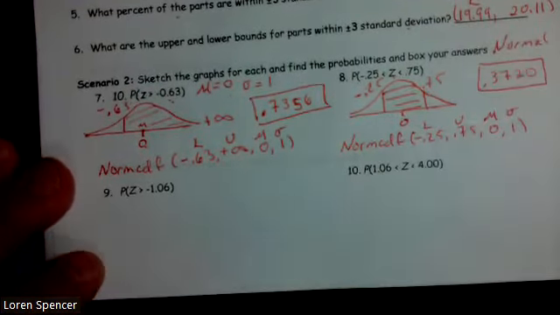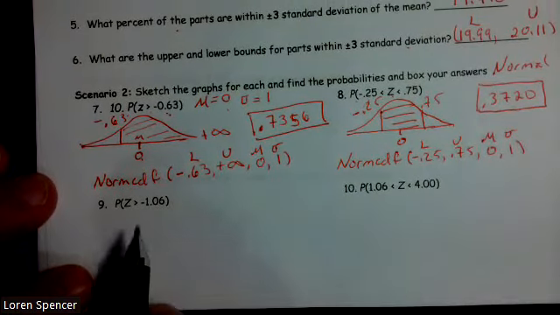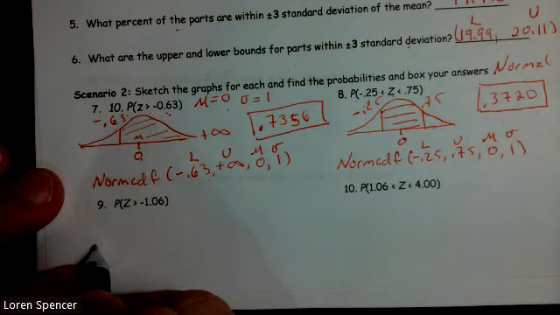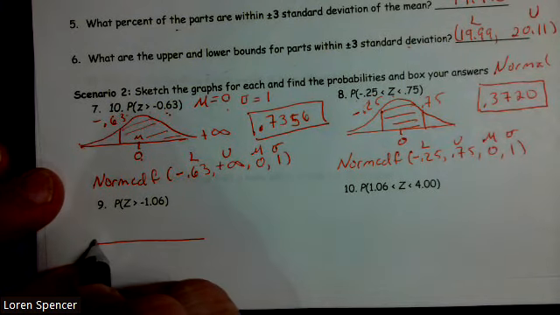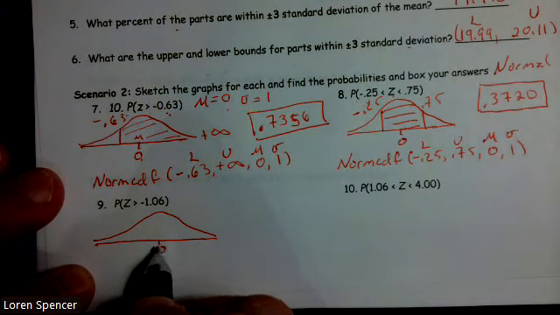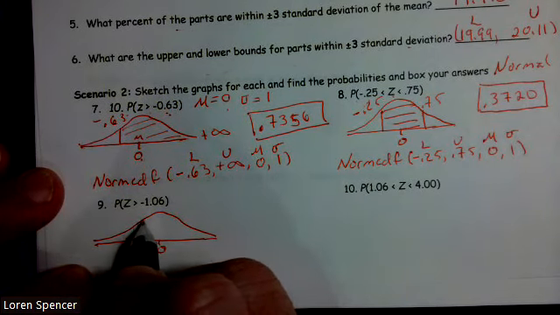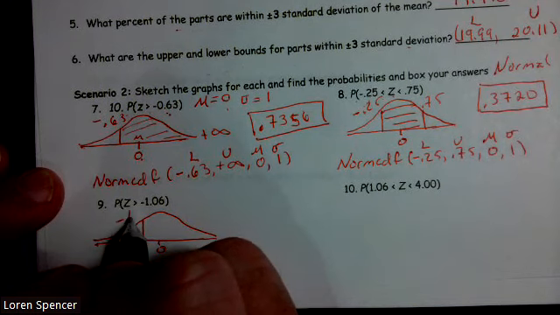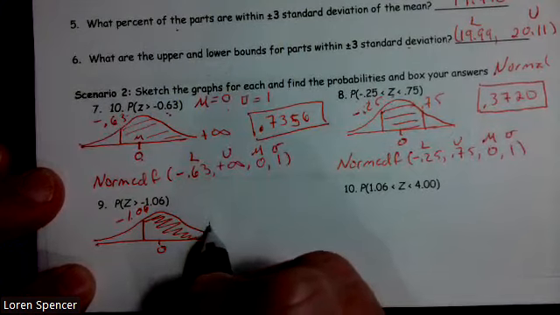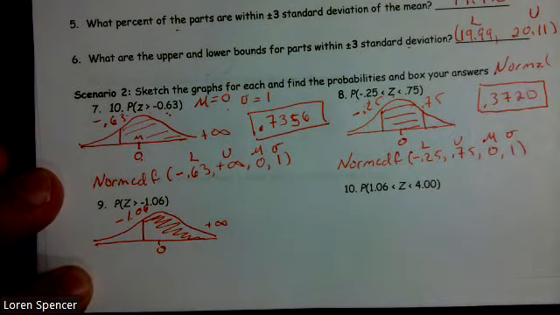The next one, what's the probability that Z is greater than negative 1.06? All right. So I have a z-score. All z-scores are centered on 0. Negative, so I need to be on the negative side of the number line. So this is negative 1.06. And I'm shading up, and this is to positive infinity.